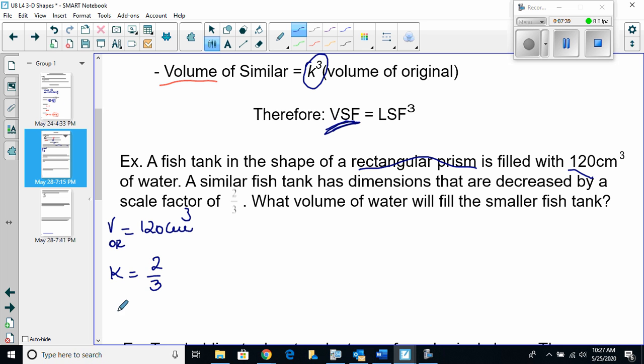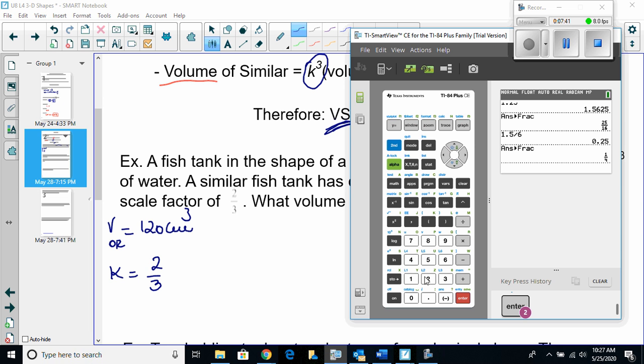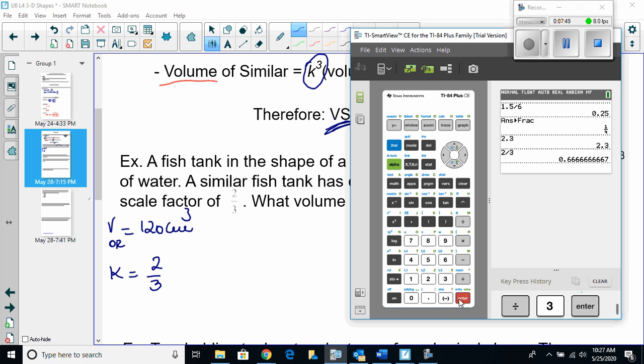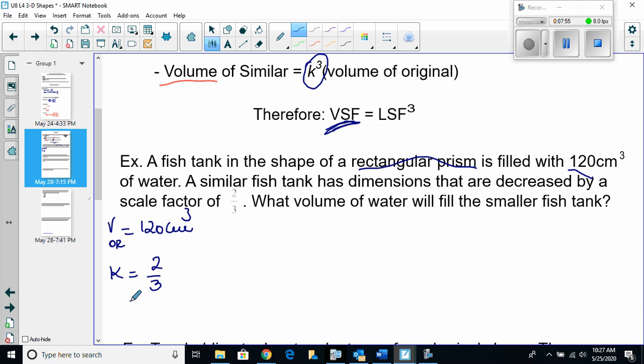If you see in your calculator, 2/3, not 2.3, is a decimal that is less than 1, so it is reduced. What volume of water will fill the smaller tank? So what we are asking here is the volume of the new tank. Now, the volume of the new will be k cubed times the volume of the original.